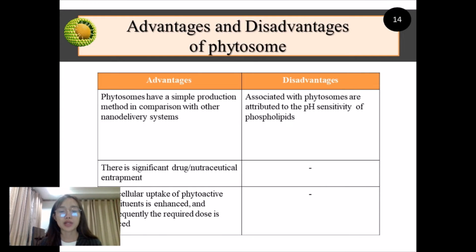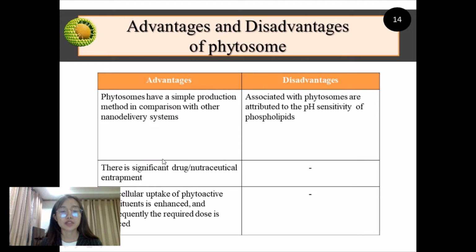Then phytosomes are rigorous and novel complexes which have enhanced cellular uptake since they provide higher bioavailability than the use of pure extracts or nanophytosome extract, and nano-delivery systems such as nanostructured lipid carrier (NLC) and solid lipid nanoparticle (SLN).